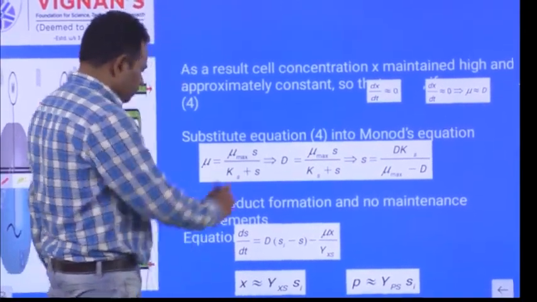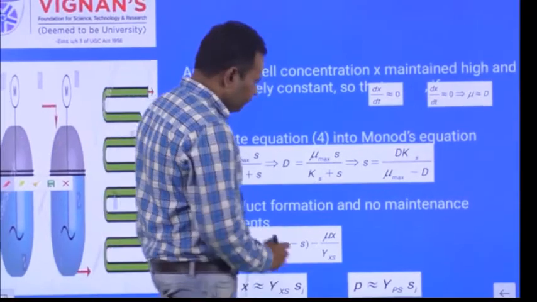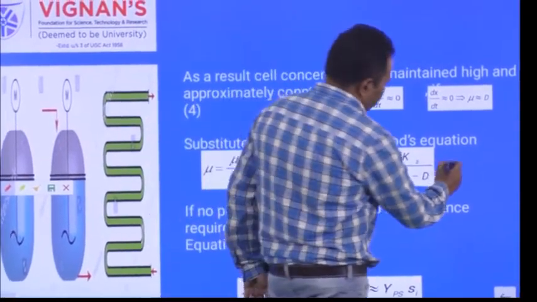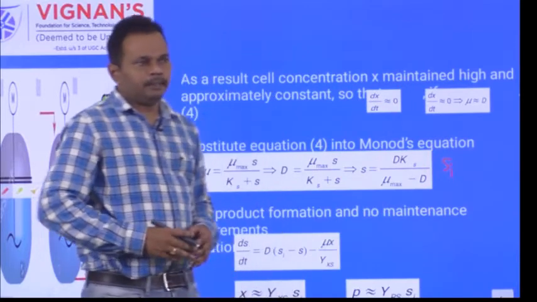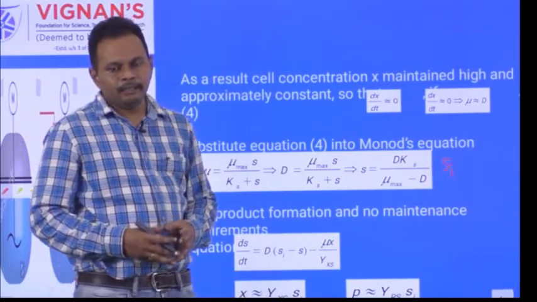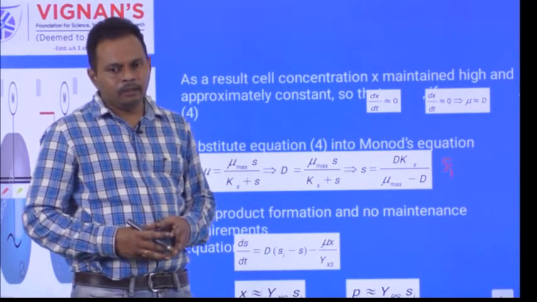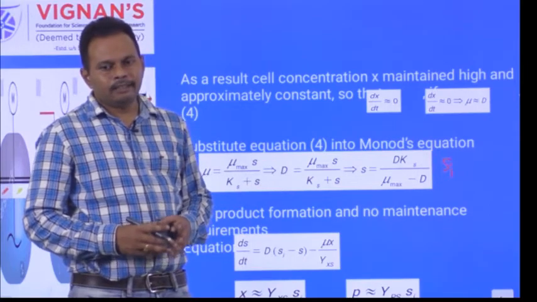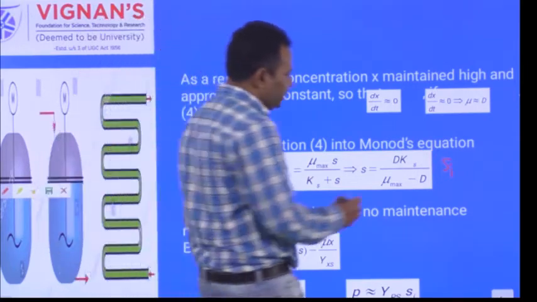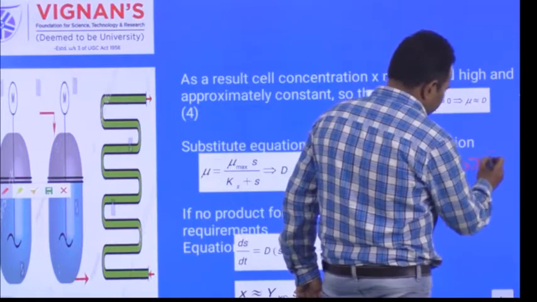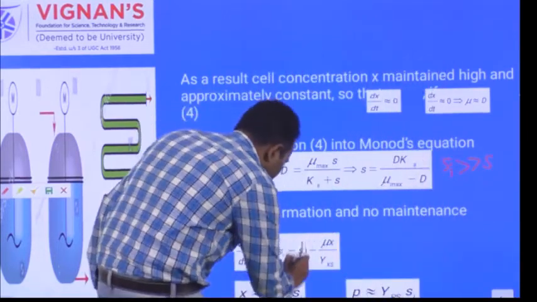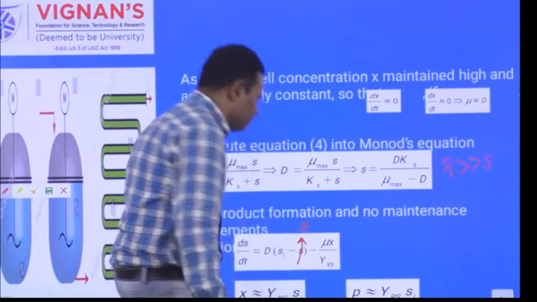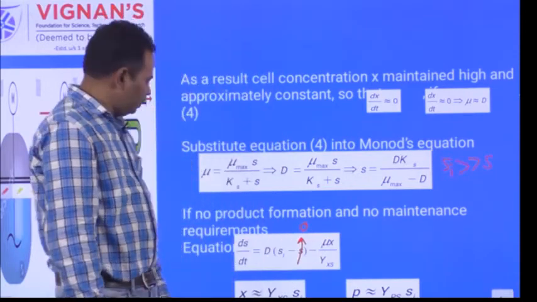And also here, when compared to the Si, the S is very, very low. That means the cells are at high cell density, so the cells consume the substrate. The S value reaches the minimum value. When compared to the Si, it is very, very minimum. So Si is very, very much greater than S. When compared to the Si, you can neglect S, equal to 0, in equation 2.